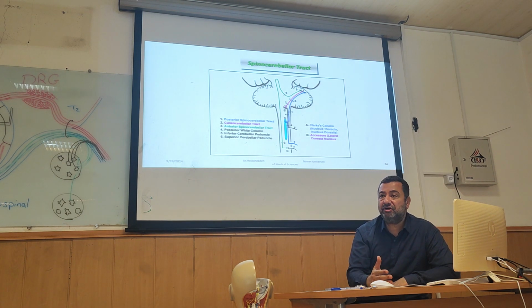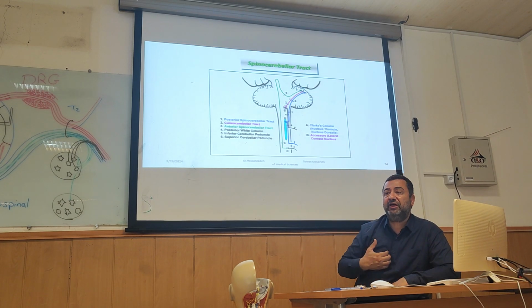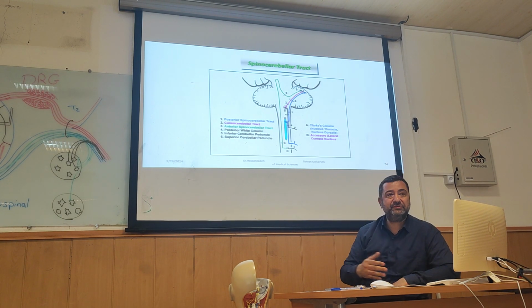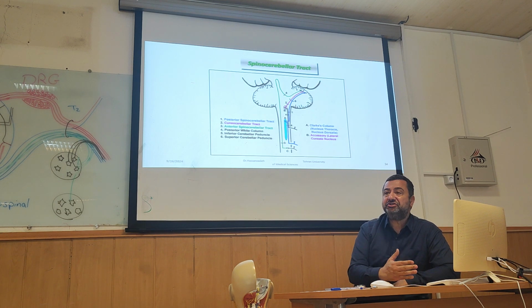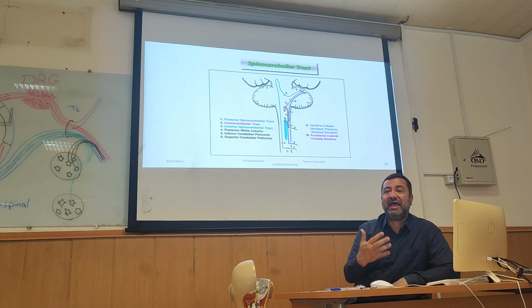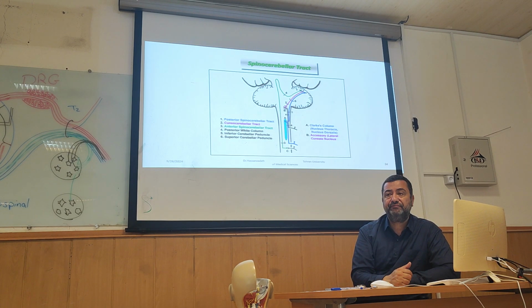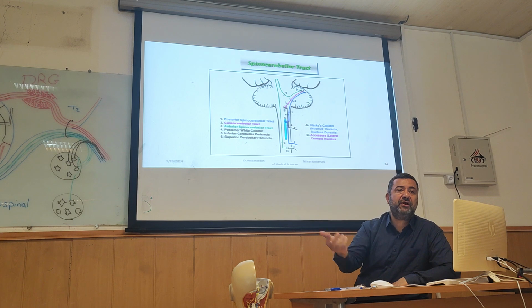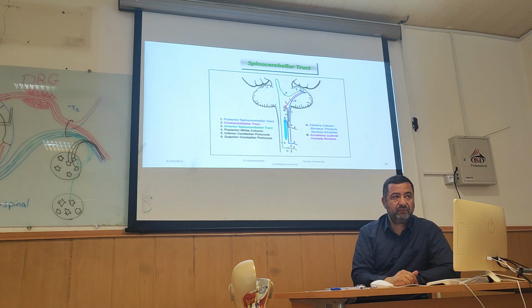Which tract has crossing in the midbrain and is located on the lateral funiculus? Rubrospinal. Which tract is located on the lateral funiculus and has crossing in the medulla oblongata? Lateral corticospinal tract. Okay?